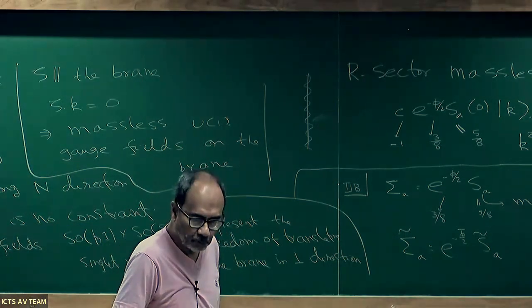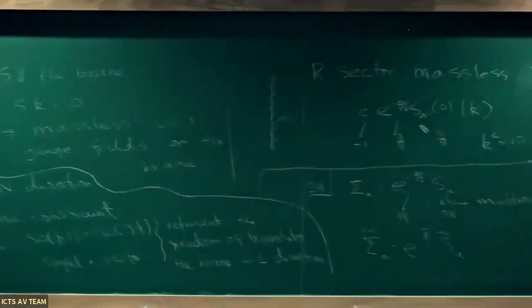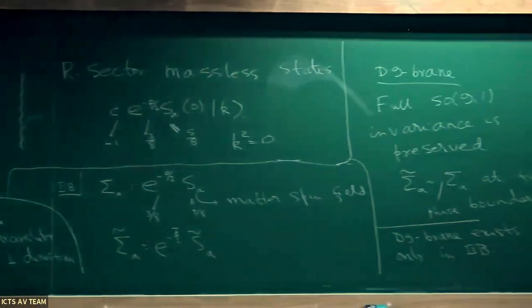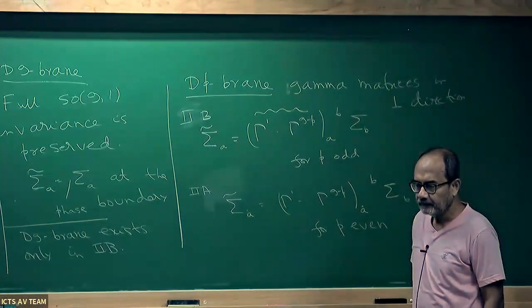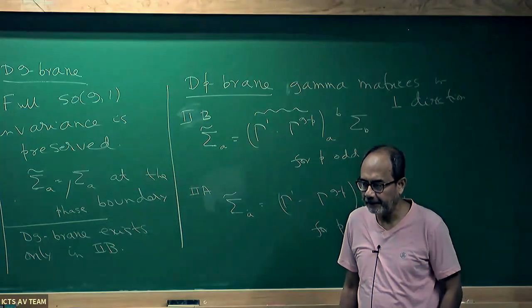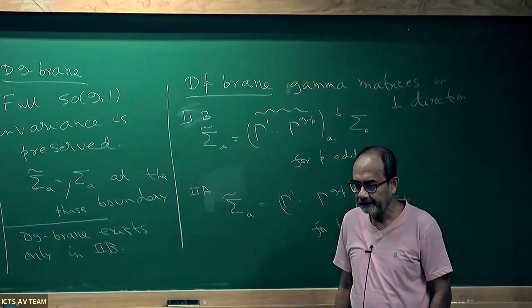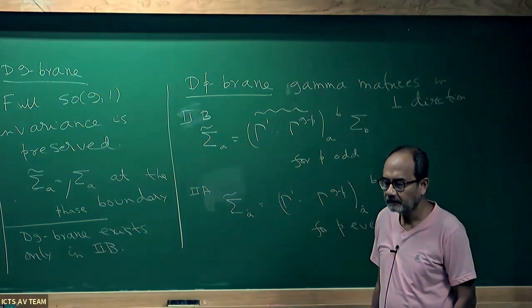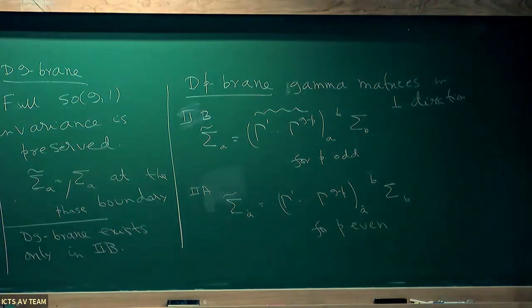Yeah, this also breaks half supersymmetry, because sigma tilde A is given in terms of sigma. So this also breaks half supersymmetry. For each P, half of the supersymmetry is broken. So what are sigma and sigma tilde from the target space perspective?